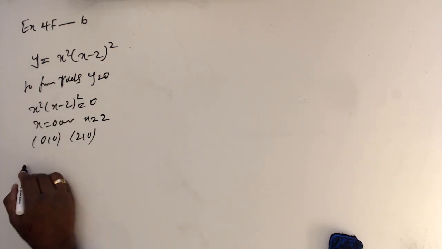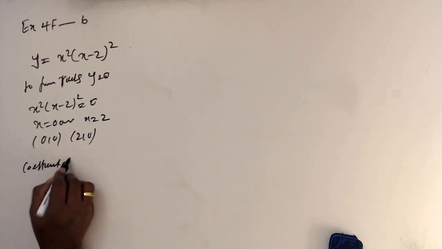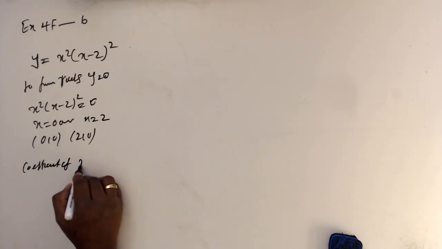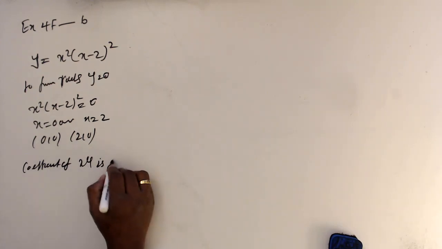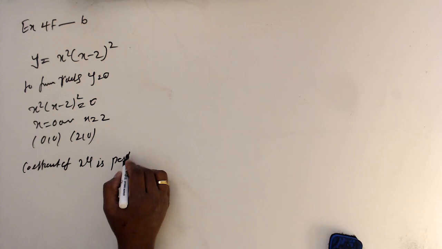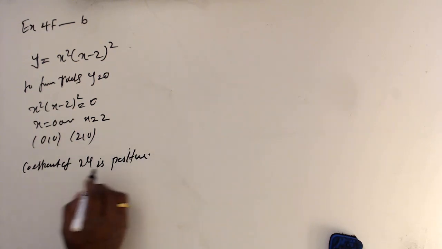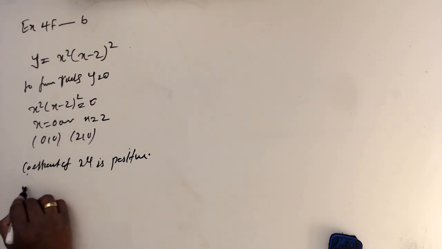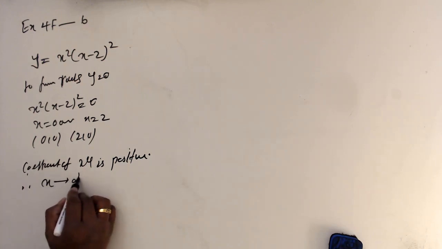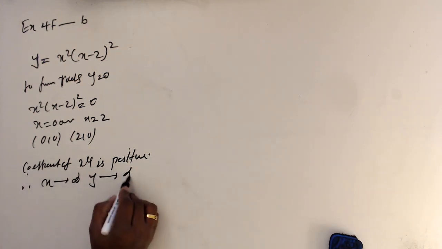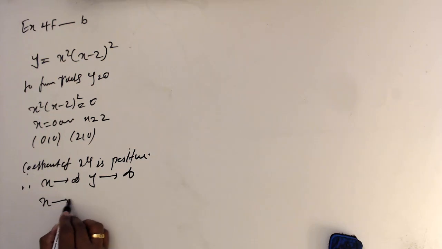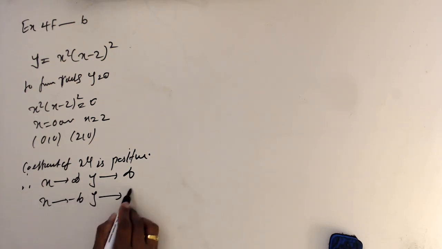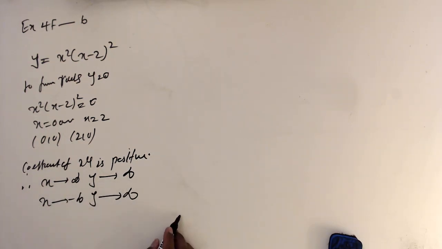And the coefficient of x to the fourth is positive. Hence, when x goes to positive infinity, y goes to positive. When x goes to negative infinity, y still goes to positive.